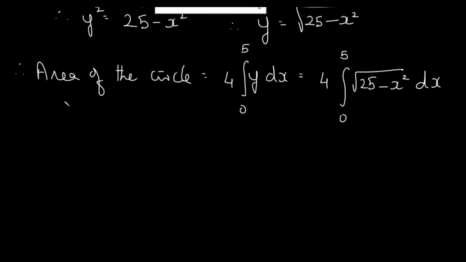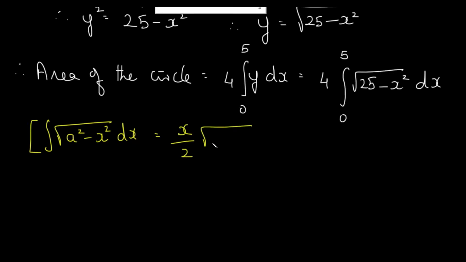So in this case we are going to use the formula which we studied in the previous lecture. That is, if the integral is of the form integral of root a square minus x square dx, then we have the answer as x upon 2 root of a square minus x square plus a square upon 2 sine inverse x upon a plus c.